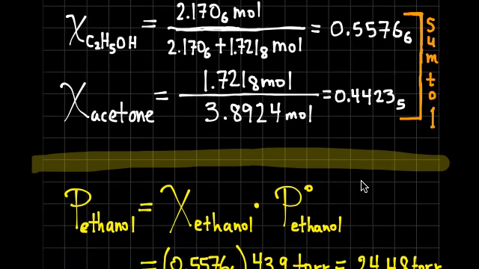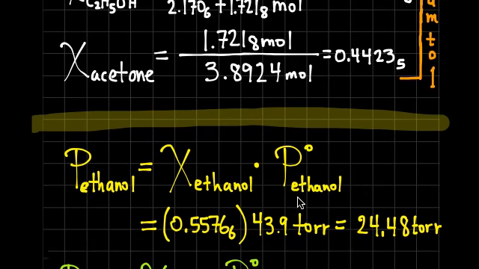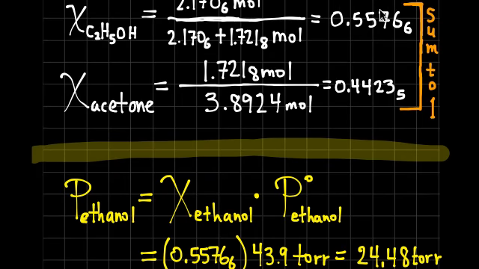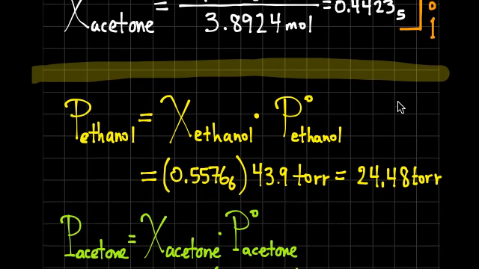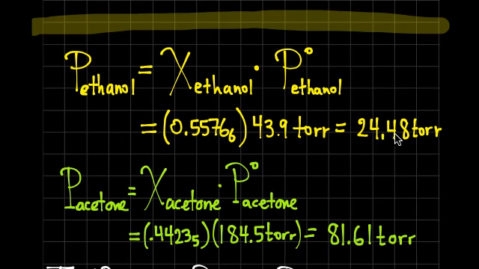All right, and finally, the pressure of the ethanol would be the original vapor pressure of ethanol times that mole fraction of ethanol, that 0.5576. Sometimes I put a little subscript number saying that's not significant, but I'm not going to round it off yet until the very end. So I'm pretty sure my ethanol would have a pressure of 24.48.